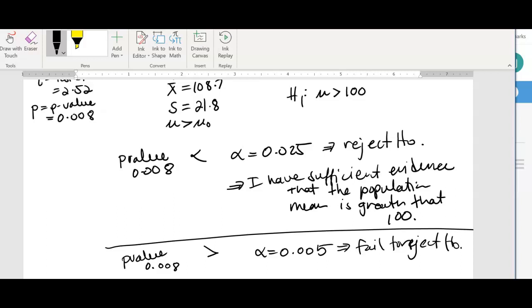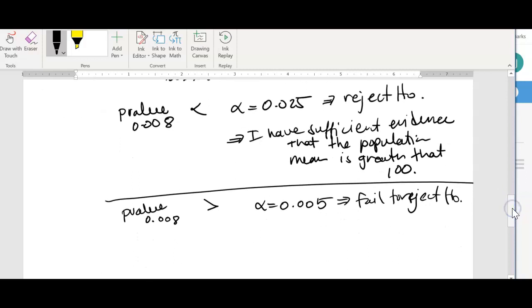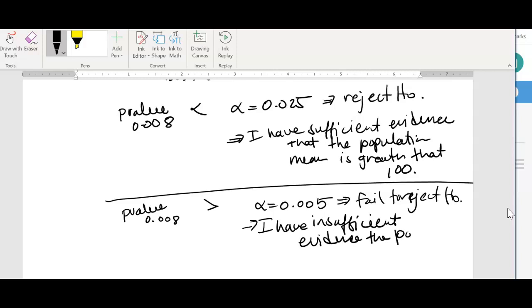This rejection just depends on what this alpha is. So you would say in this case, I have insufficient evidence the population mean is greater than 100.